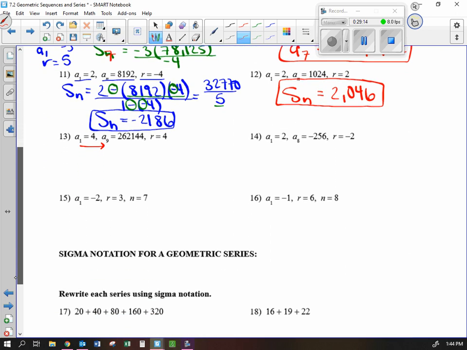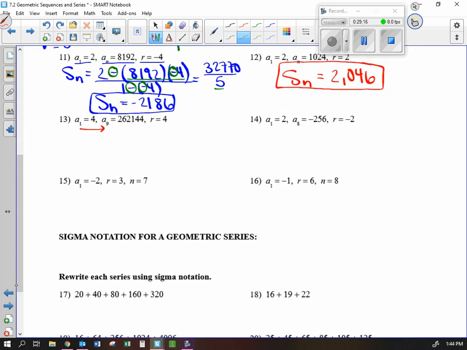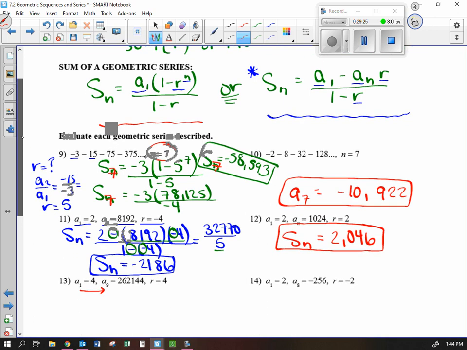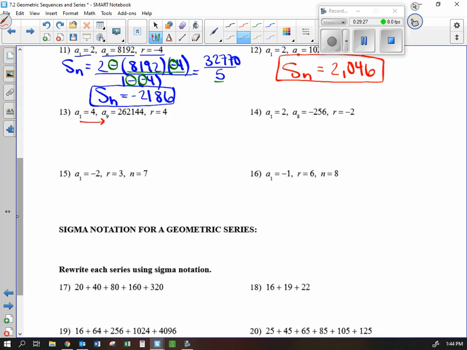So a sub 1 plus a sub 2 plus a sub 3 all the way to plus a sub 9. And to do that, we're going to be using the second equation. But since we're finding the sum of all 9 of those terms, we're going to denote our equation as capital S sub 9.